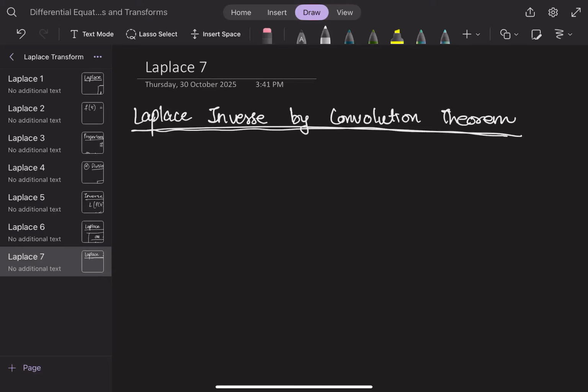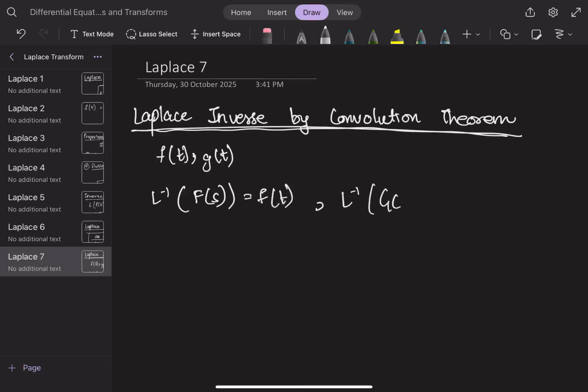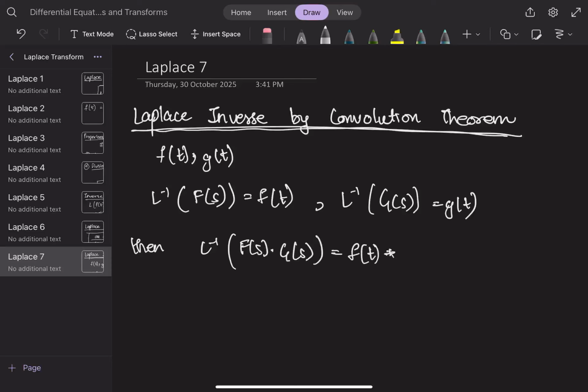If you have a convolution of two functions f(t) and g(t), that is, if the Laplace inverse of F(s) is f(t) and the Laplace inverse of G(s) is g(t), then the Laplace inverse of F(s) multiplied by G(s) is f(t) convolution g(t).